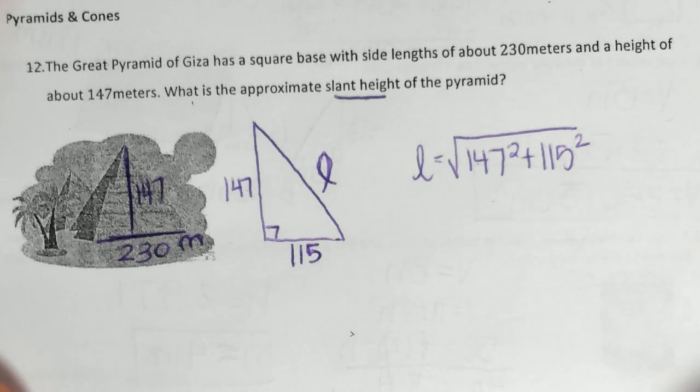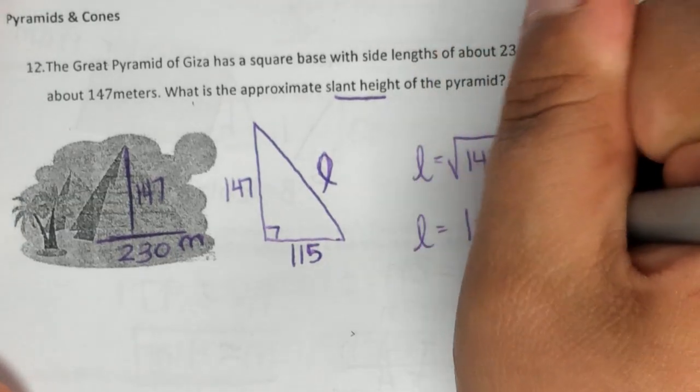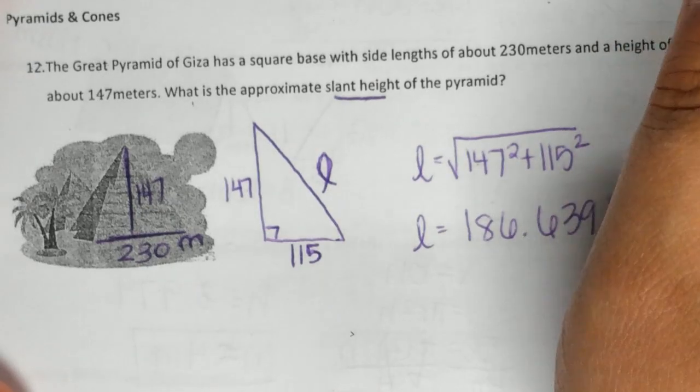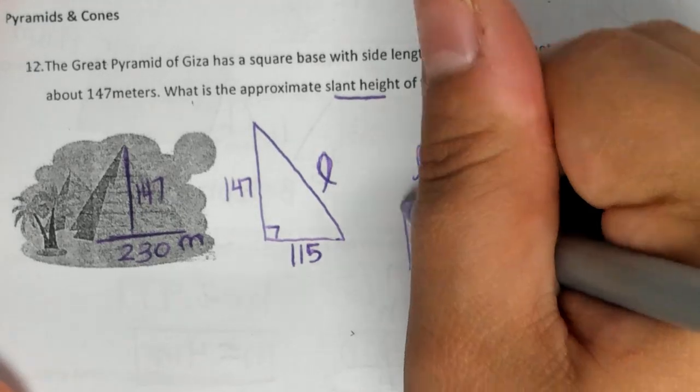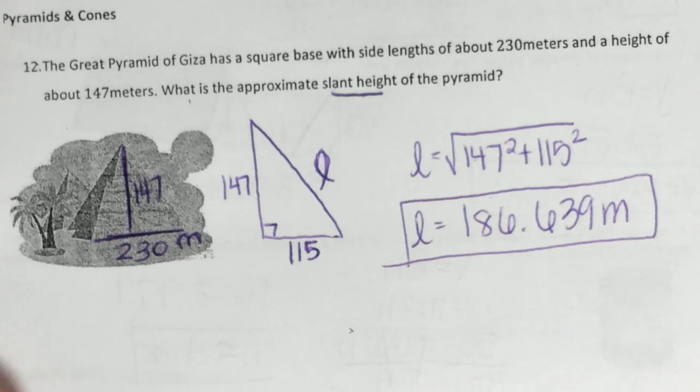It doesn't tell me what to round to. So I'm going to do the square root of 147 squared plus 115 squared. And I get 186.639 meters.